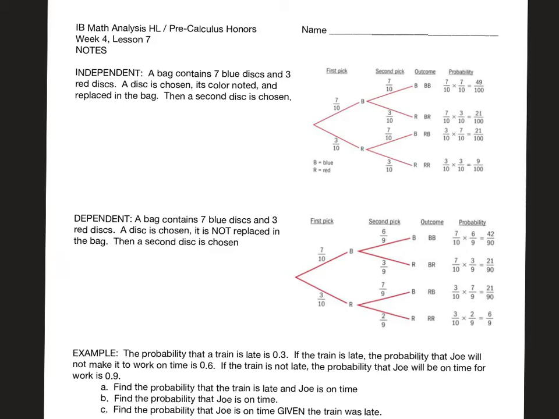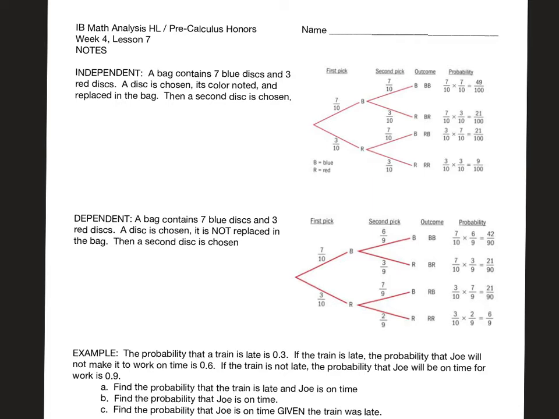Week 4, lesson 7. All right, so those of you that had me last year, we did do tree diagrams before. Those of you that didn't have me, I don't know if you did tree diagrams. So these are two really good visuals for you to look at.